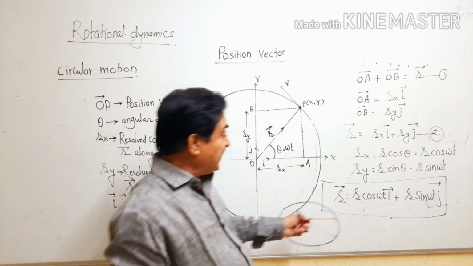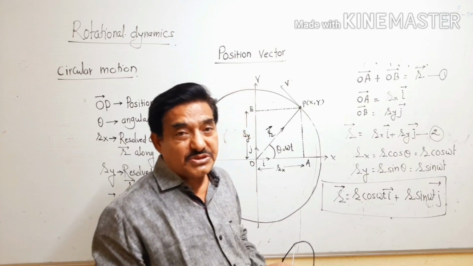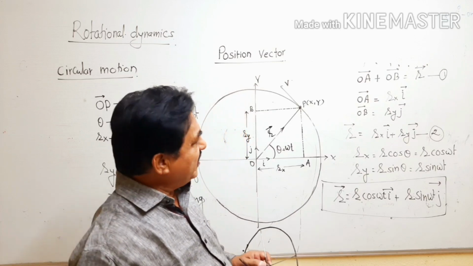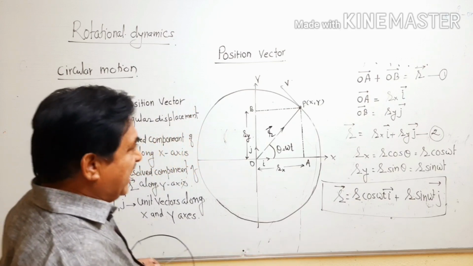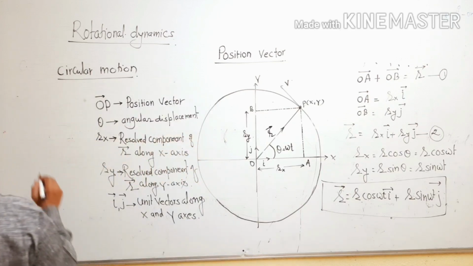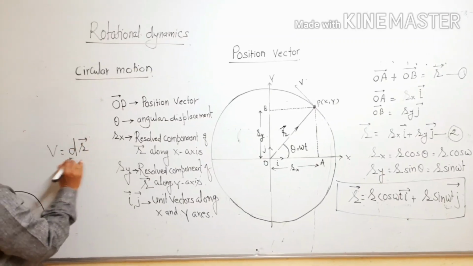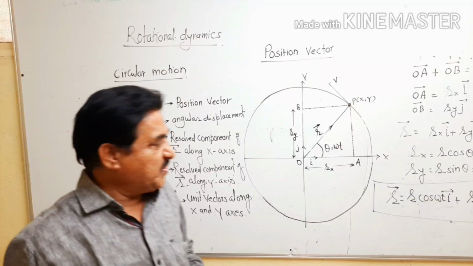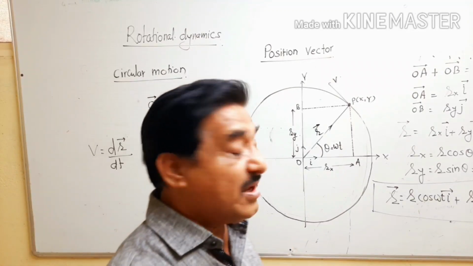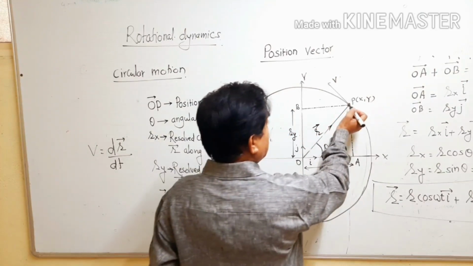If we differentiate this equation for R, we will get velocity. Velocity V is equal to dr by dt. If we differentiate the position vector R, we get the velocity, which is always tangential to the circular path.